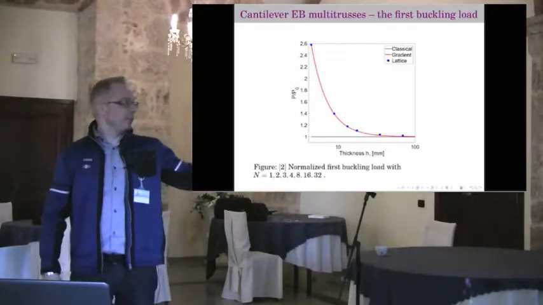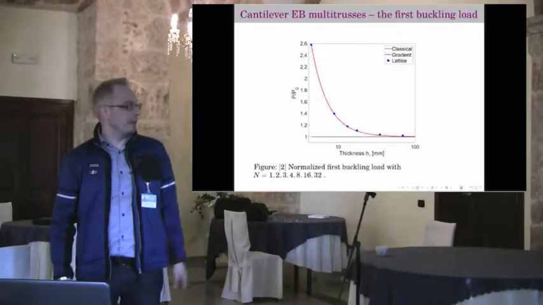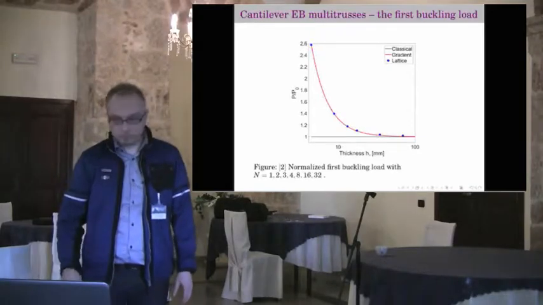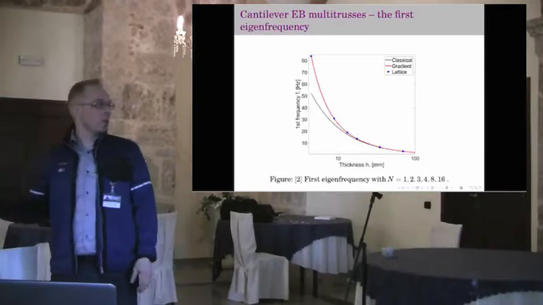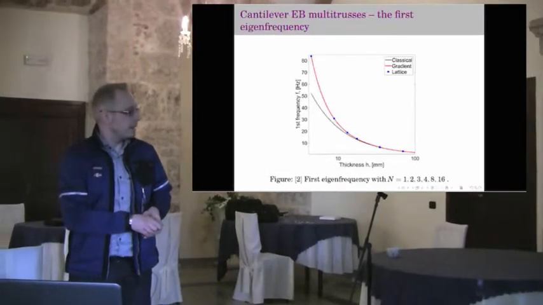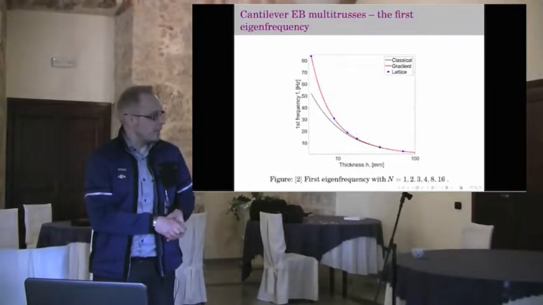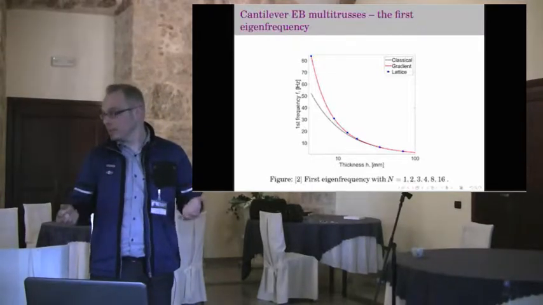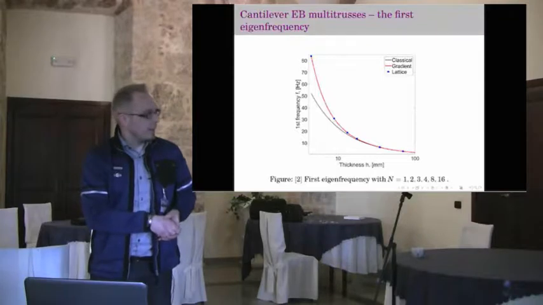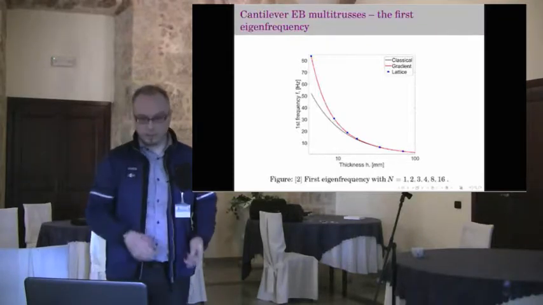And here the same for the buckling load, P over P0. So it's practically identical. And then if you take the lowest eigenfrequency, there actually only the three coarsest ones don't behave like a classical beam. And these ones are quite close to the classical model.